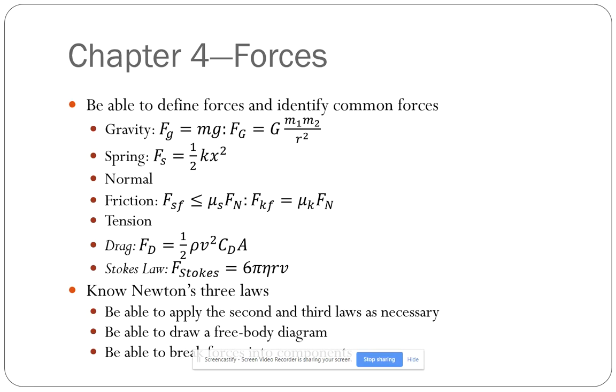But in a general case, like the homework problem with a person pushing down on a block, that added to the normal force. Another one was essentially the same problem, except now the person is pulling up. That decreased the normal force. So you have to use Newton's second law to actually find the normal force. Don't fall into the trap of saying, oh, it's just going to be mg, because sometimes it will, sometimes it won't.